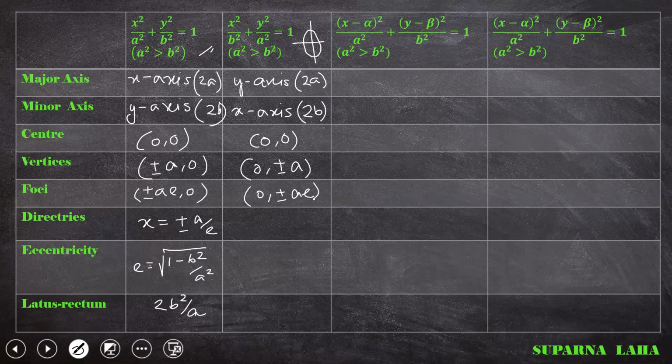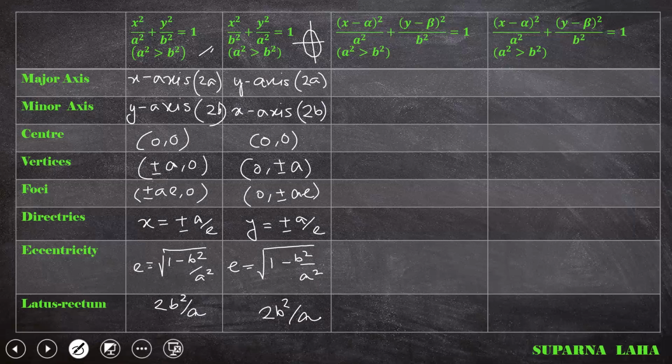The equation of the directrices is given by y equals plus minus a by e. And e is under root 1 minus b square upon a square, and 2b square by a is the length of the latus rectum.